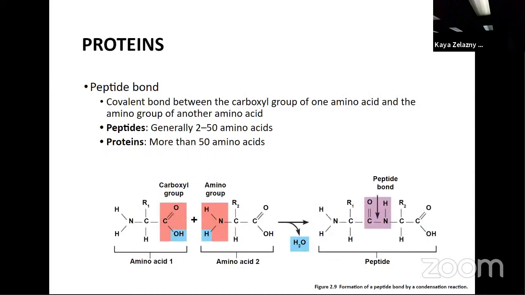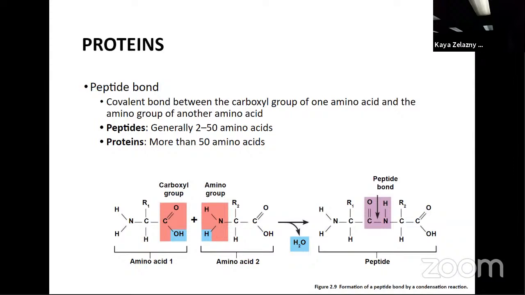So the bonds between our amino acids are called peptide bonds. Anytime you see that sort of root pep, you should be thinking about protein. So we have these peptide bonds, and if we have a small little chain of amino acids, we'll usually just refer to it as a peptide. That would be like 2 to 50, which would count as kind of small.